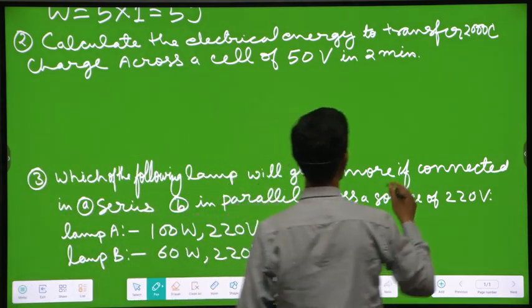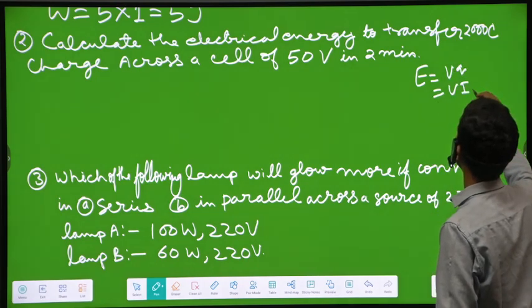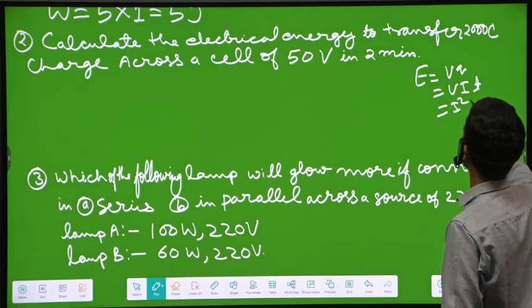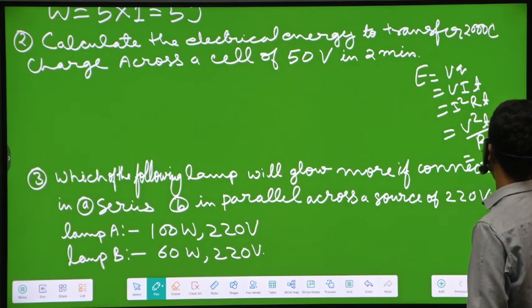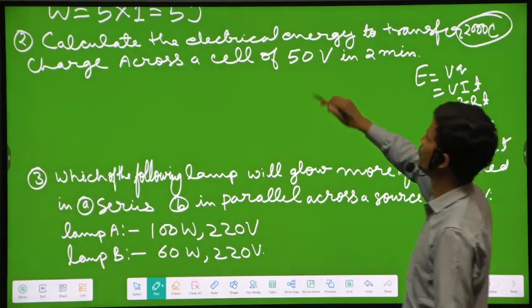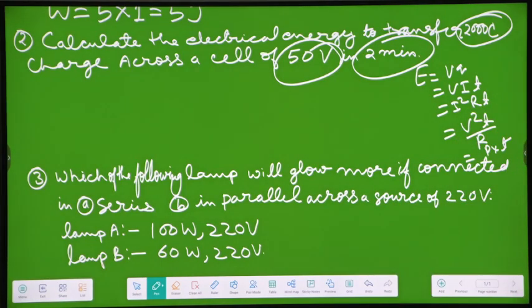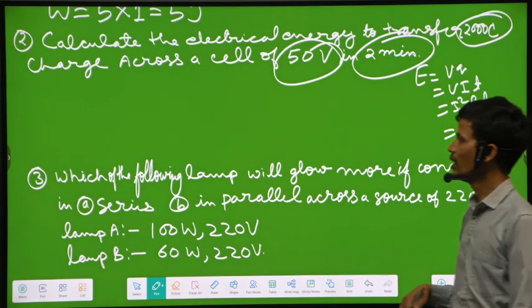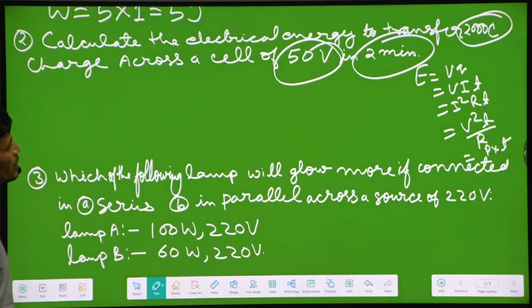Electrical energy, we have different formulae: VQ, VIT, I square RT, and V square T by R, and also power into time. We have this many formulae for electrical energy. We have charge here, we have potential difference here, we have time here. So you can find any of it. Plenty of information is given.